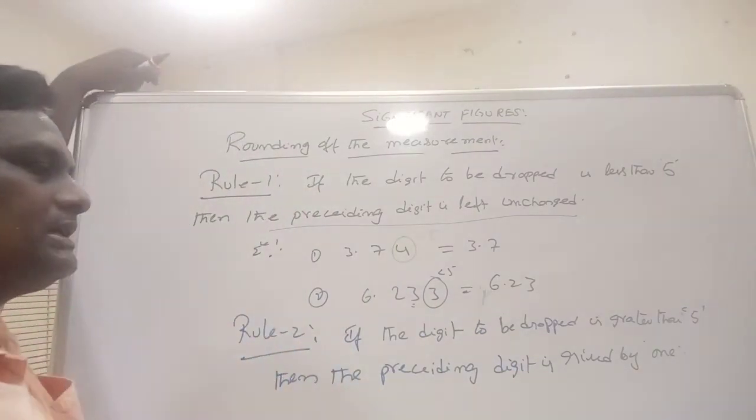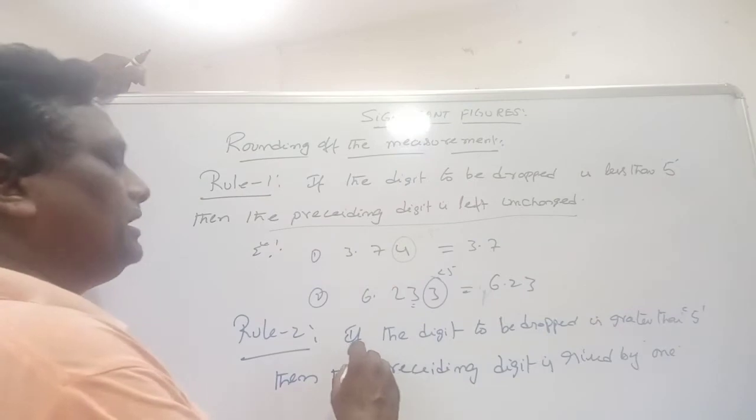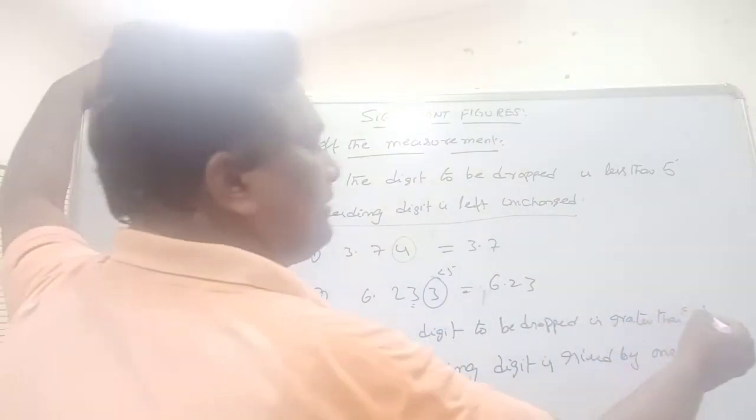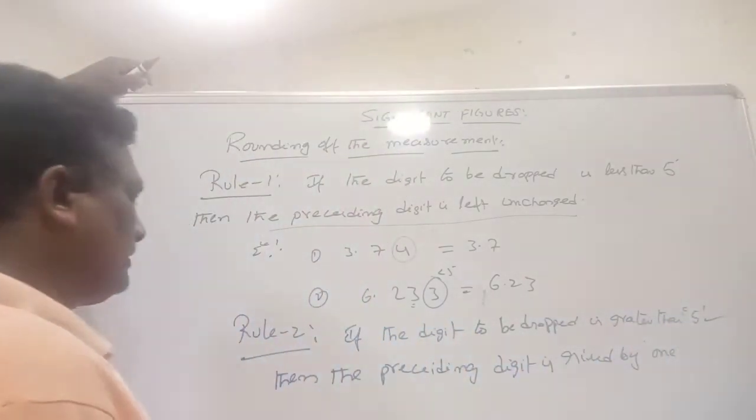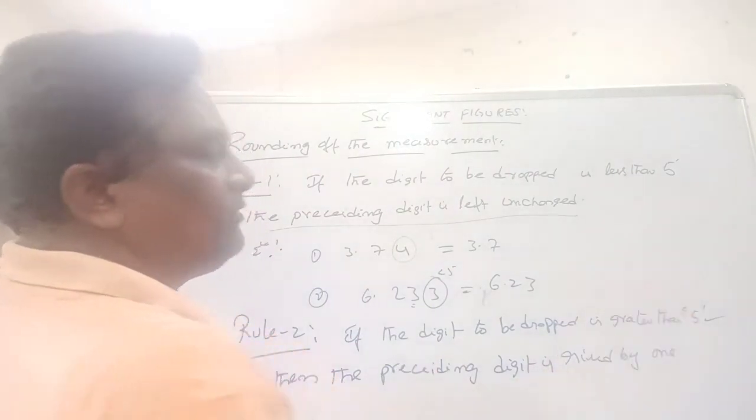I repeat, rule number 2: if the digit to be dropped is greater than 5, then the preceding digit is raised by 1.